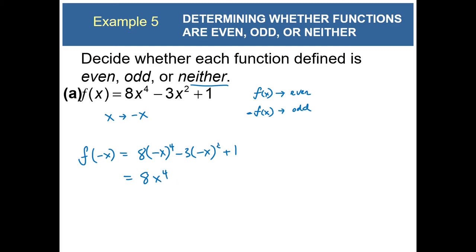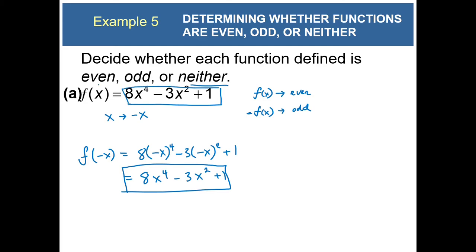This is squared, so it's going to make this negative x positive, but there's still a negative 3 in the front, so it's negative 3x squared plus 1. This is the original function, f of x. So now we know that this is an even function. So f of x is even.